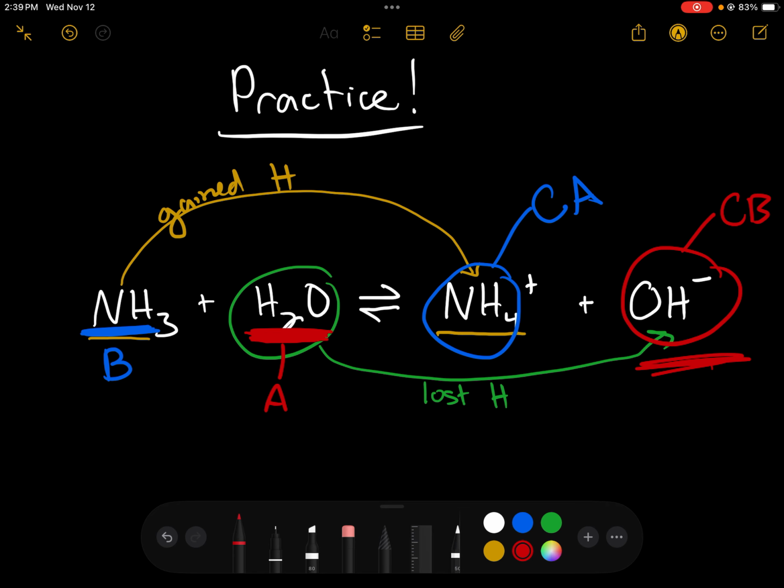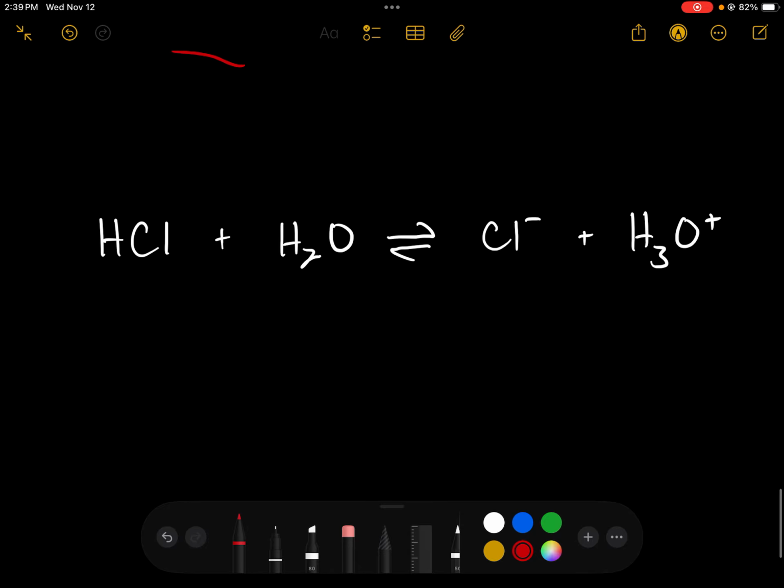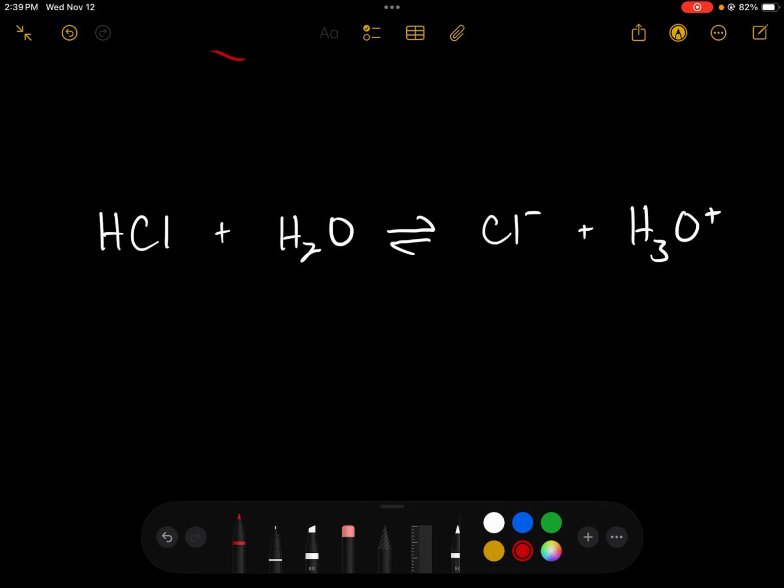And what I told you to do was if you didn't see any strong substances, you're going to treat either hydroxide, hydrogen, or hydronium as a strong thing. And so what we learned is the reaction is going to proceed away from the strongest thing, which means that this reaction is predominantly going to go left or backwards. All right, next one.